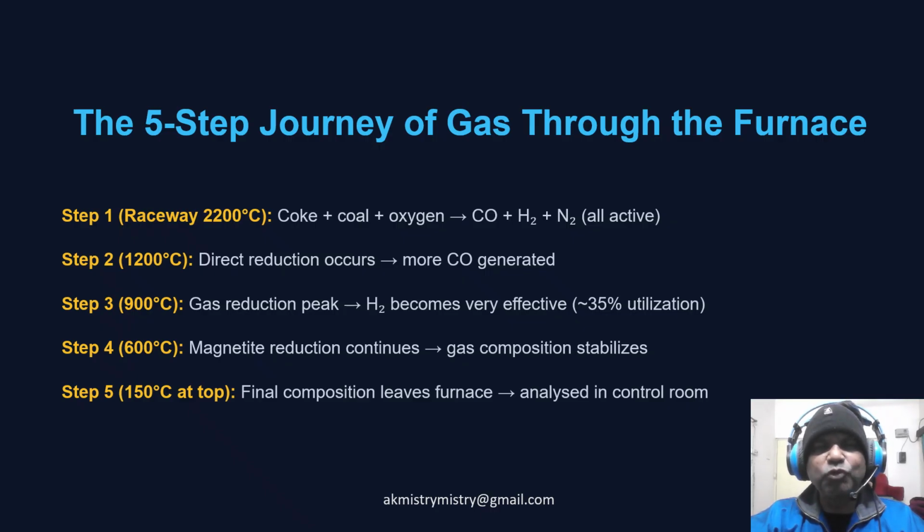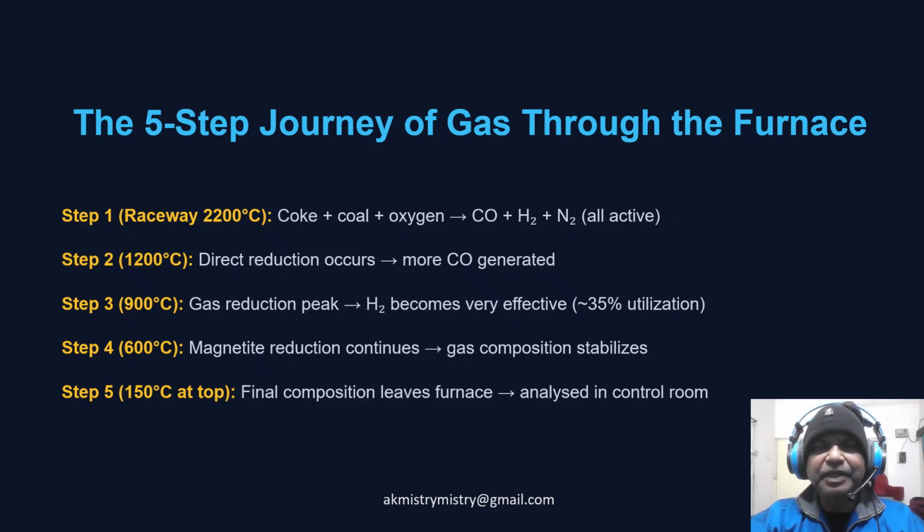As the gas moves up through the direct reduction zone around 1200 degrees, more carbon monoxide is generated by solid carbon reacting with FeO. Around 900 degrees, we reach the gas reduction peak where hydrogen becomes very effective and efficient, and roughly 35% of it is utilized for ore reduction.